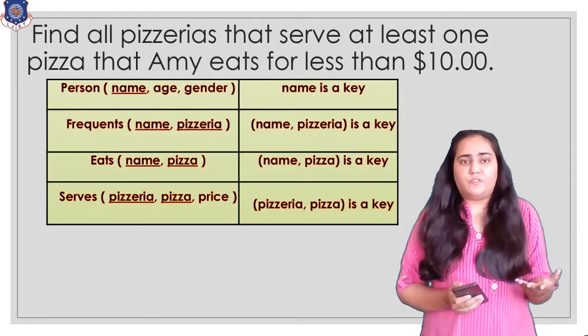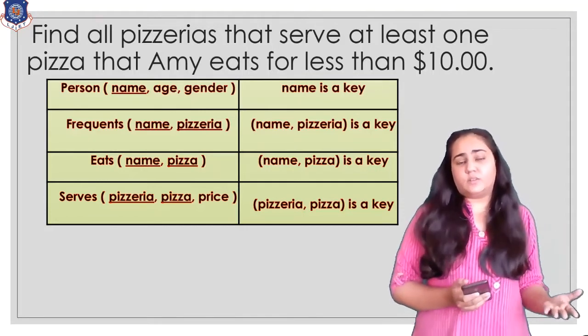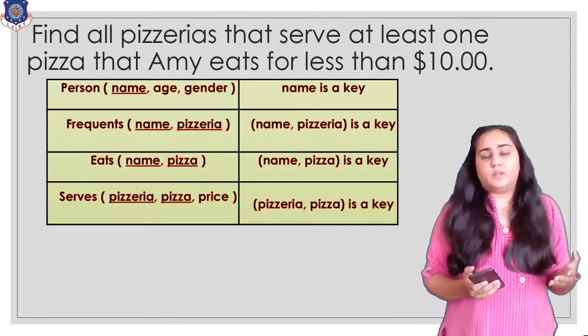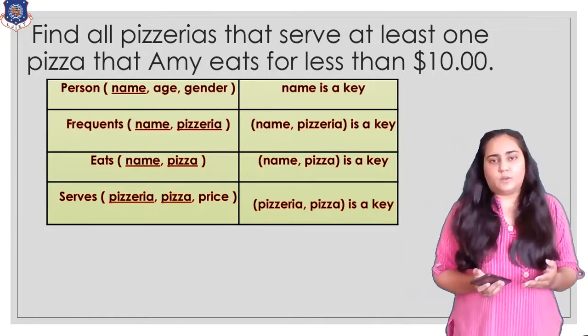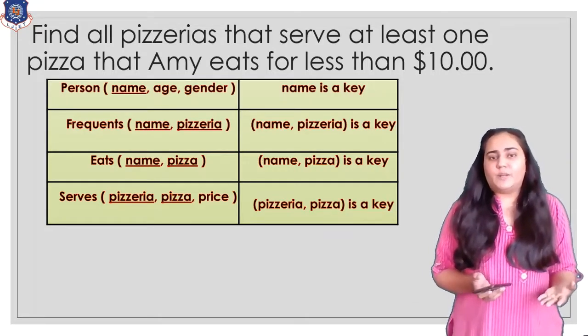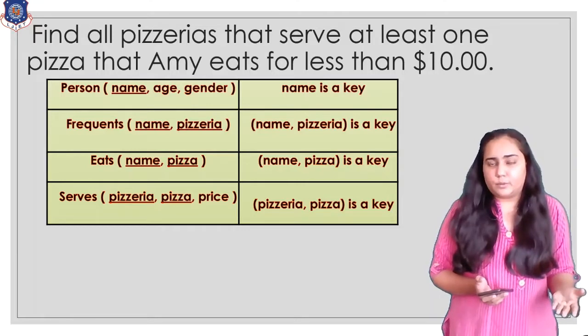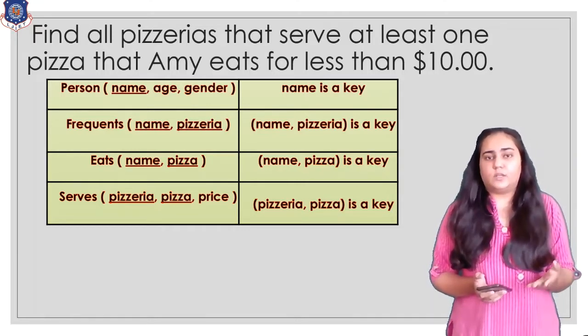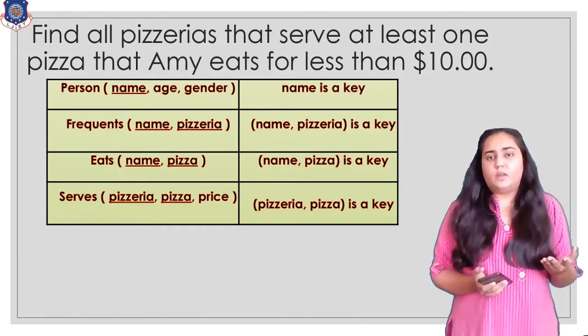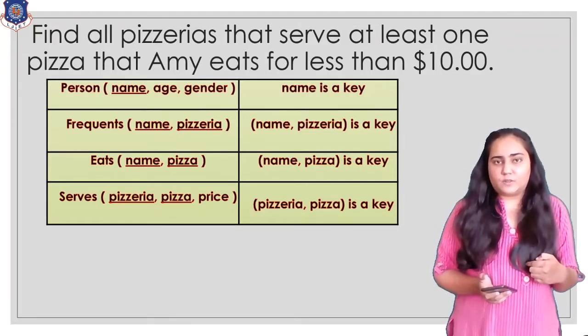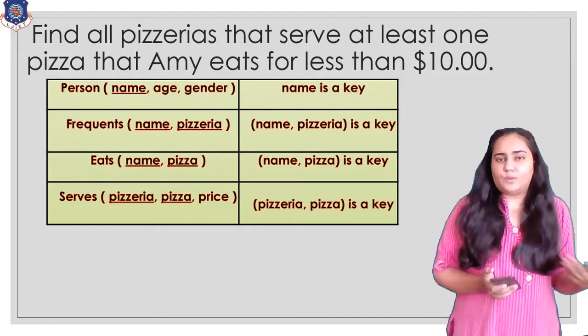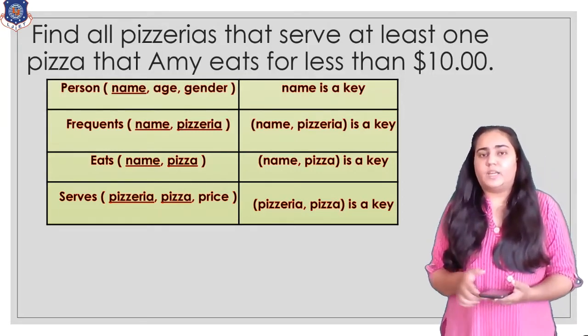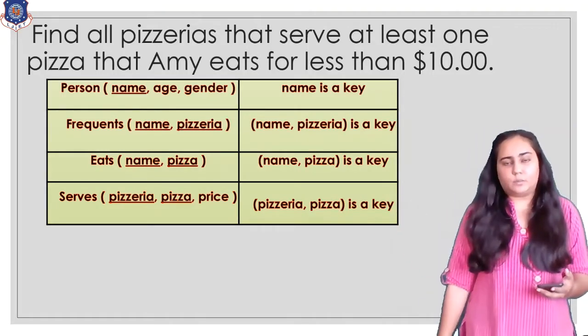And you can get the name of a person from person, frequents, eats, from anywhere. But also the price of the pizza is given. And the price column is only present in the serves table. So we have to use the serves table, definitely. From the serves table, I cannot get the name of a person. Also, I cannot know which person is eating which pizza. I can get that from the eats table.